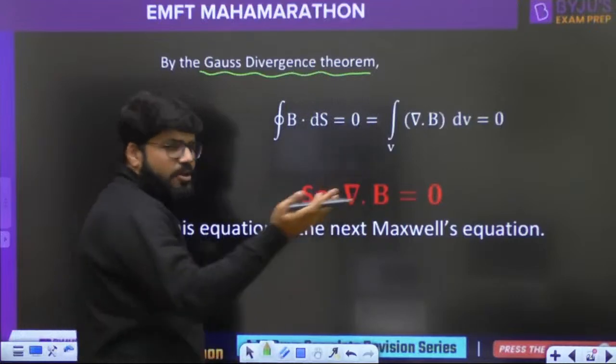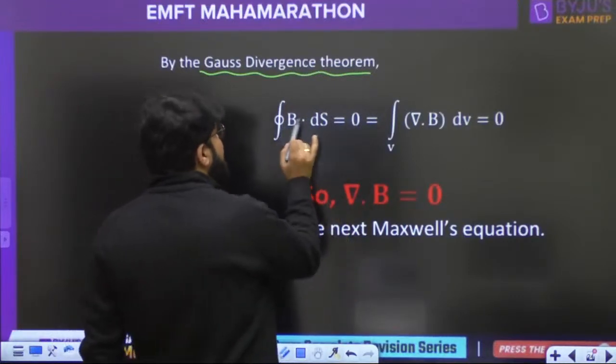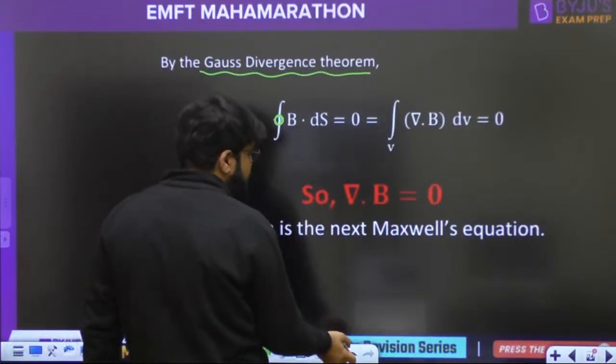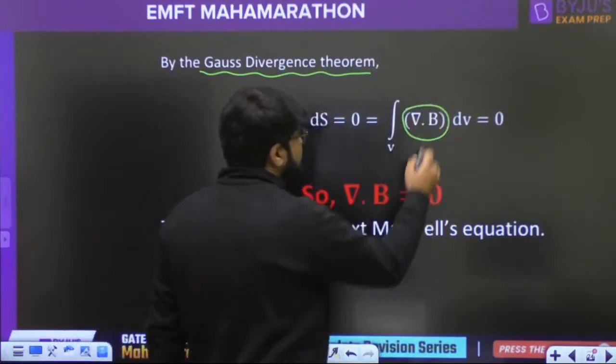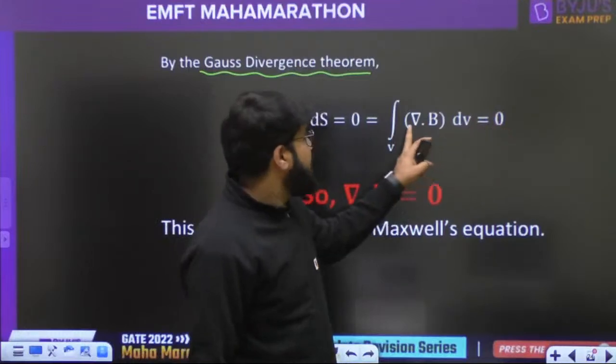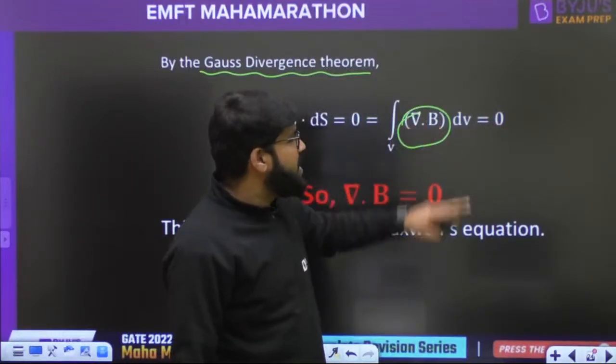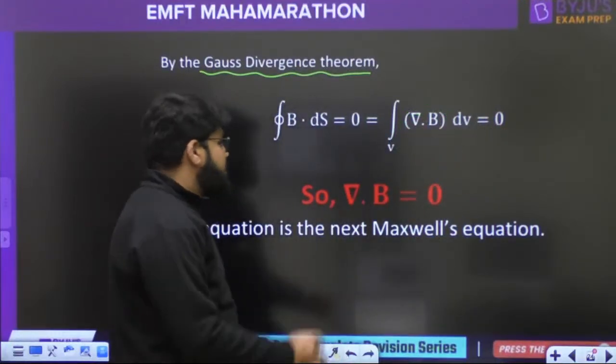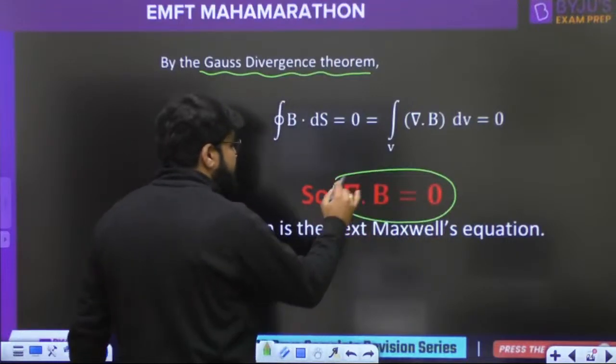Yesterday also we revised the Gauss divergence theorem. Integral B dot dS over a closed surface is equal to the volume integral of del dot B, but the result should be zero. That means the integrand must be zero. What is the integrand? Del dot B. So this is the final version of the fourth Maxwell's equation.